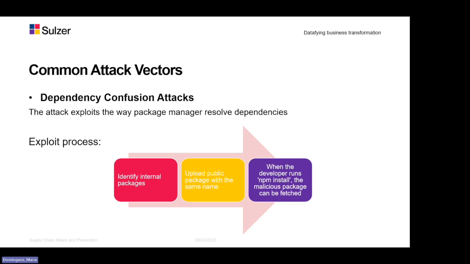So we developers, if for example we run npm install, might be fetching malicious packages instead of our private ones. These attacks are very effective because of how package managers work.